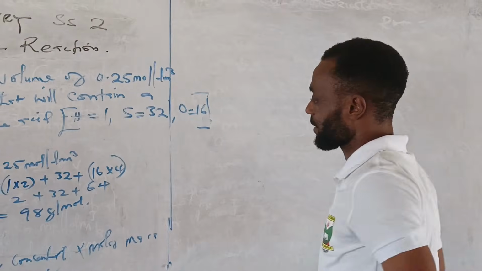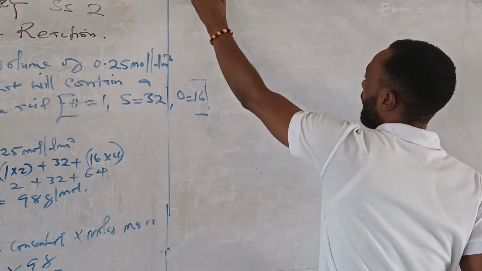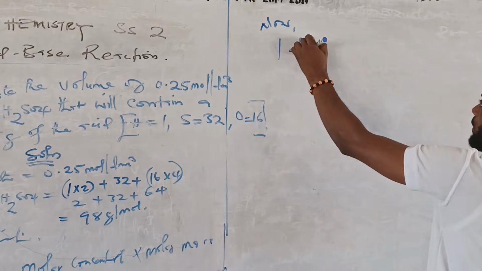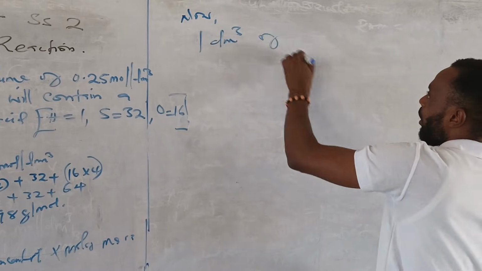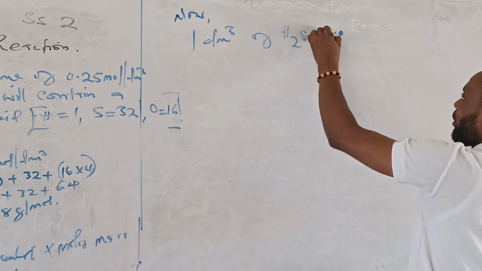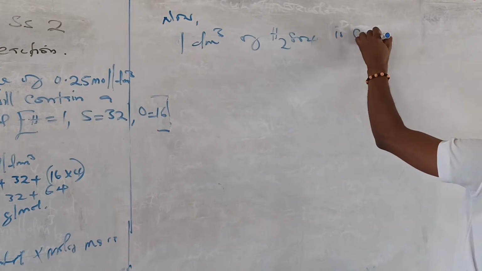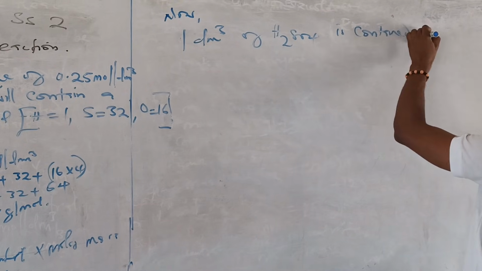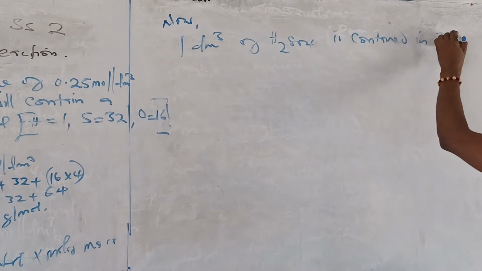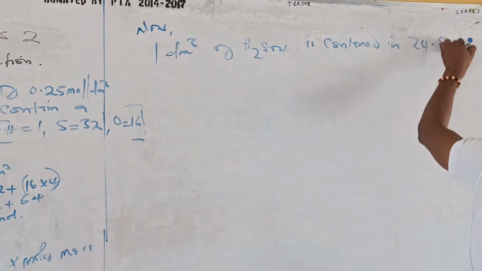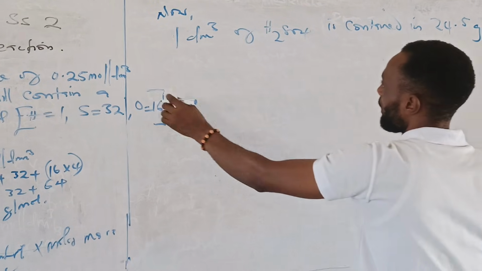Now apply the proportionality method. 1 dm cube of H2SO4 is contained in 24.5 gram per dm cube.